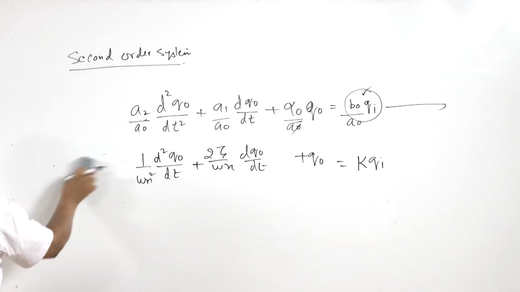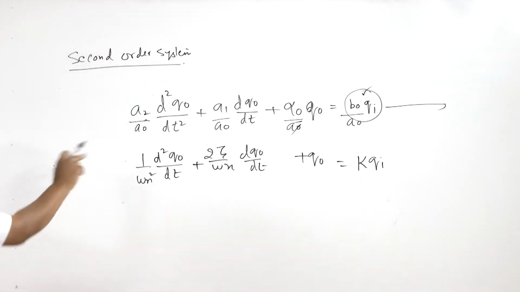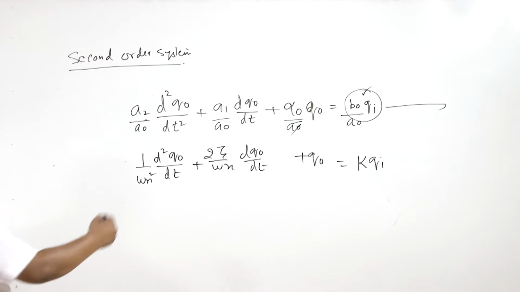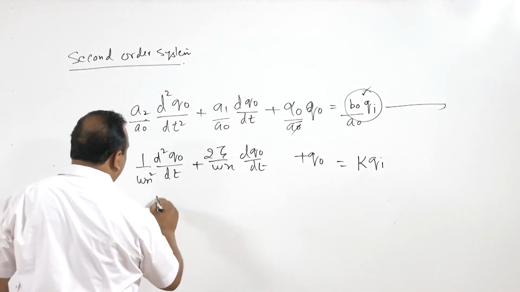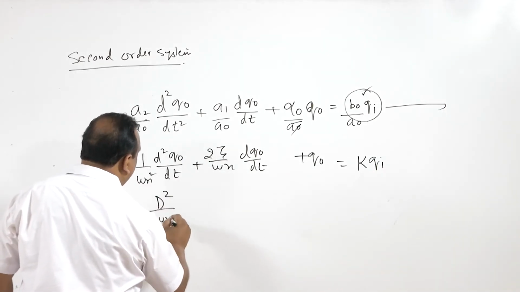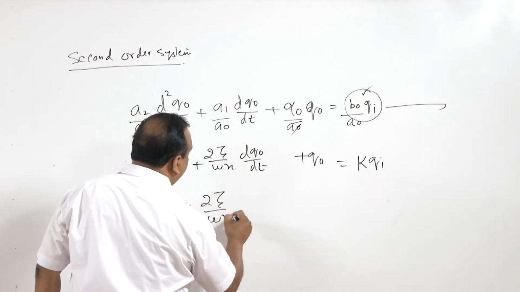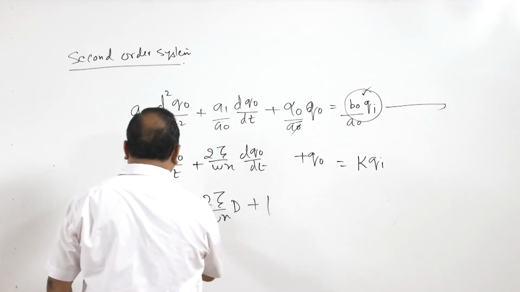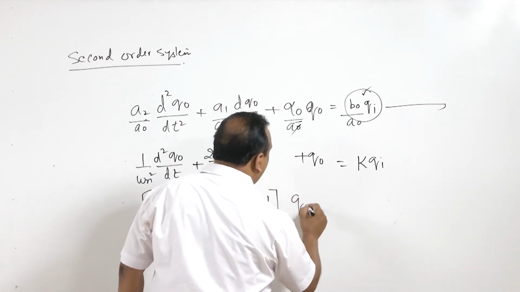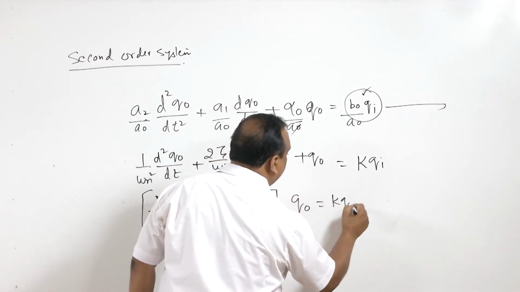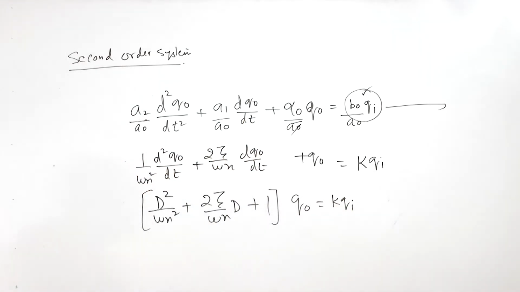So this equation has been modified by this equation. Now we can write that (D squared by omega n squared plus 2 zeta by omega n D plus 1) Qo is equal to K Qi, right?